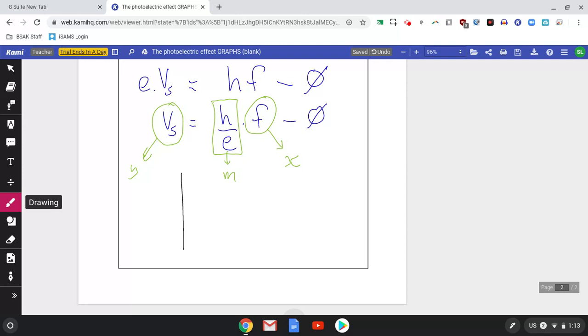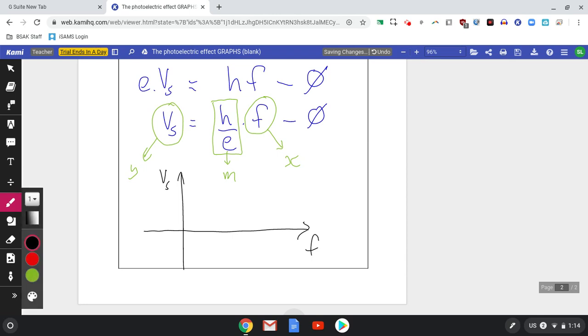And it looks very similar. But this time we're plotting stopping potential against frequency. And again, it's a straight line. Again, it cuts the x-axis at f0. This is not the work function.